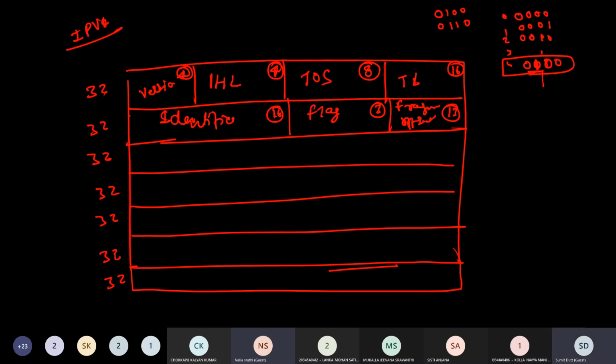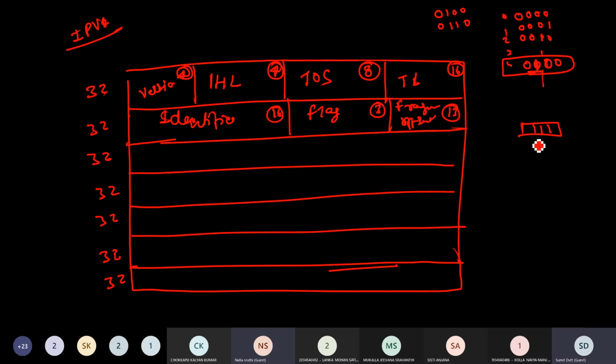So this identifier tells whether this packet is segmented or not. If it is segmented, the flag value tells me, let's suppose this is my complete packet which is segmented into 4 parts, right?